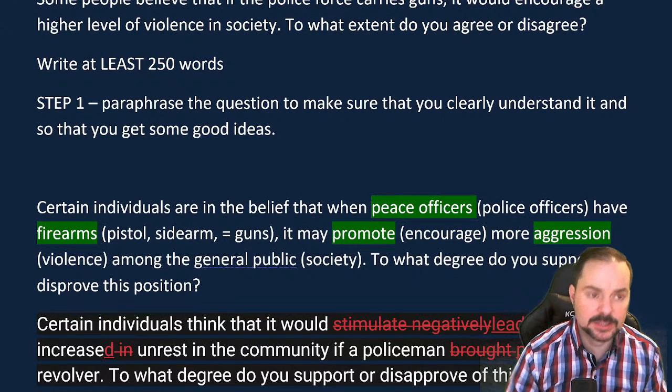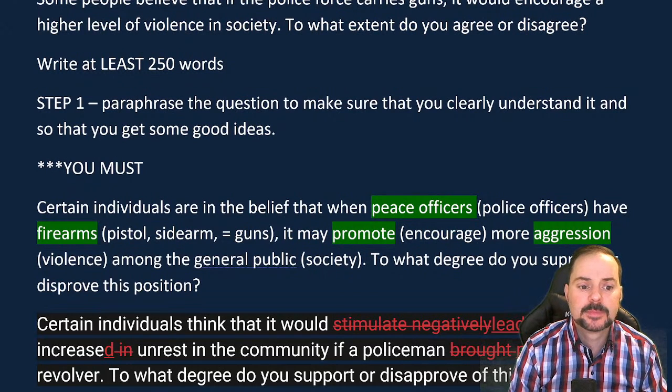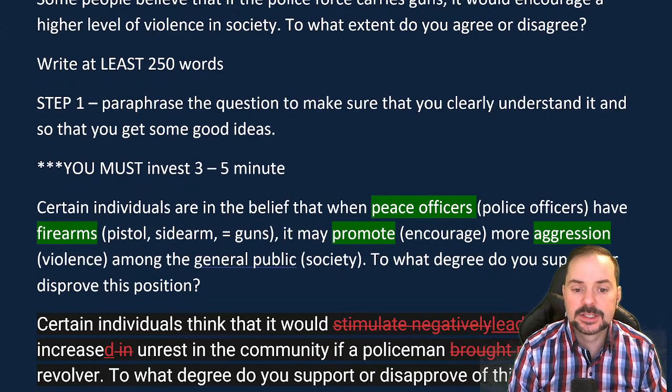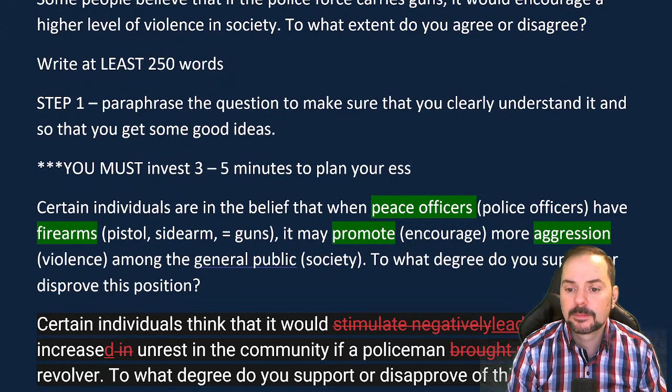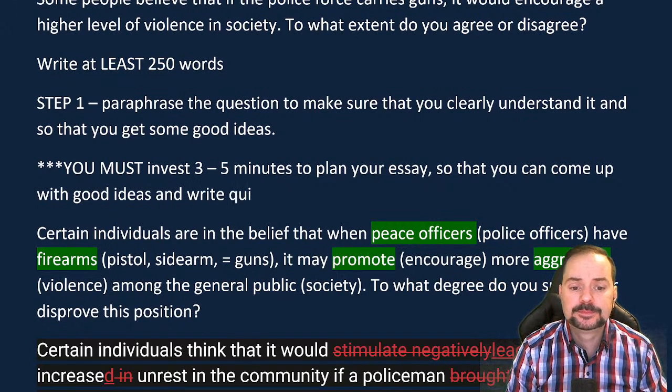So keep that in mind, everyone. You must invest 3 to 5 minutes to plan your essay so that you can come up with good ideas and write quickly to get a high band score.